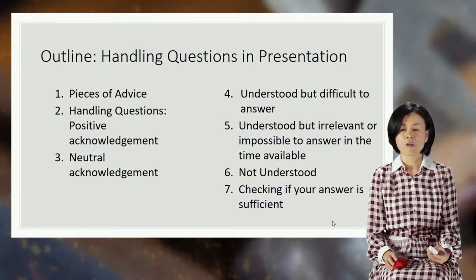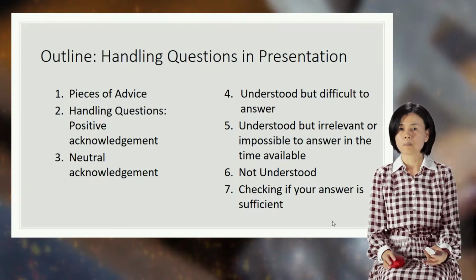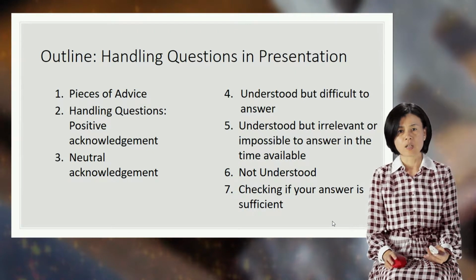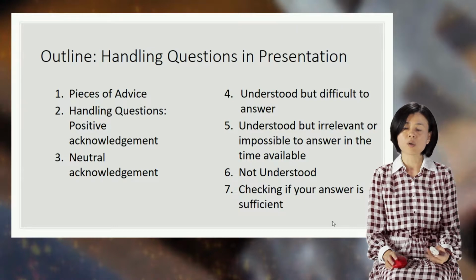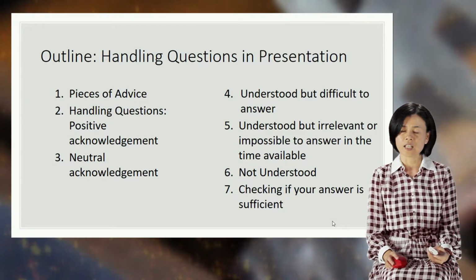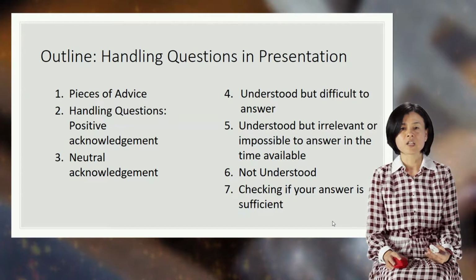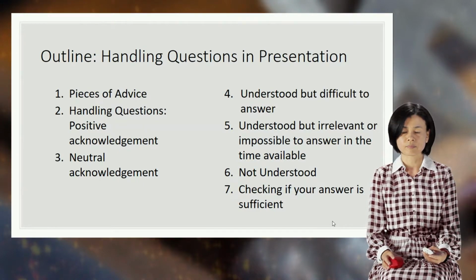They are 4. Understood but difficult to answer. 5. Understood but irrelevant or impossible to answer in the time available. 6. Not understood. 7. Checking if your answer is sufficient.